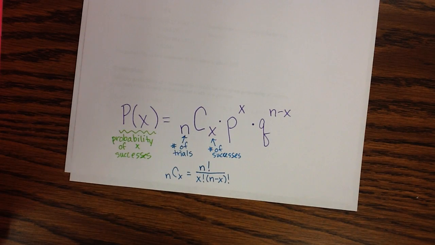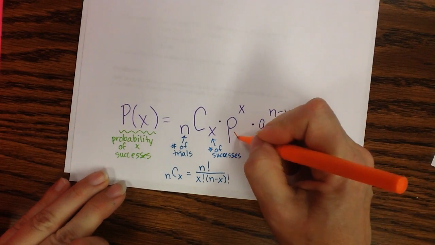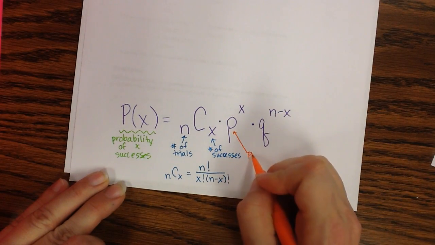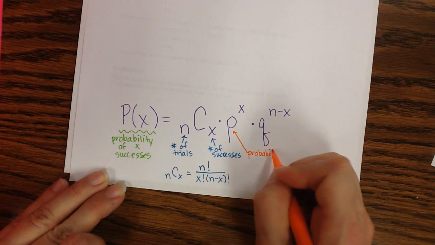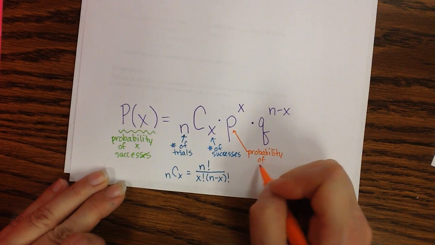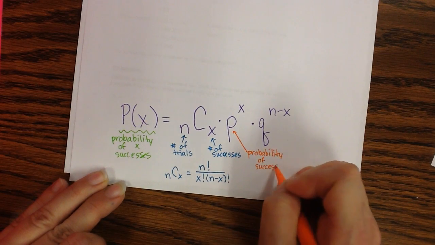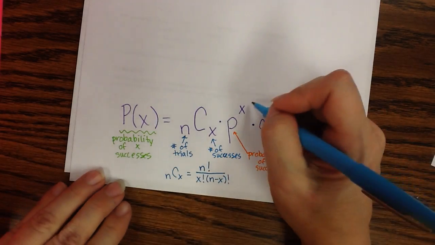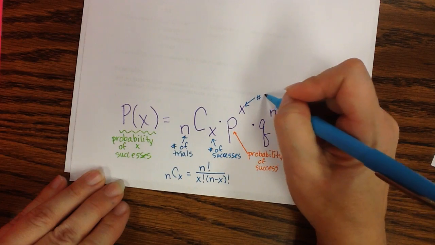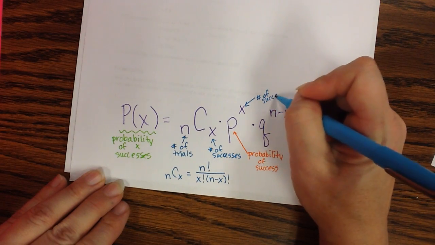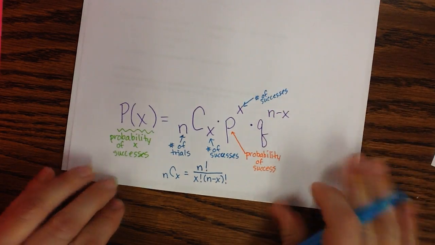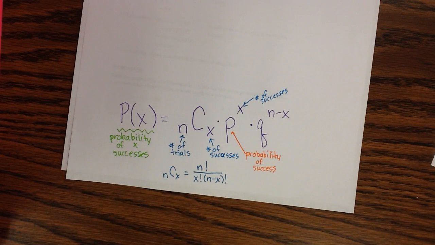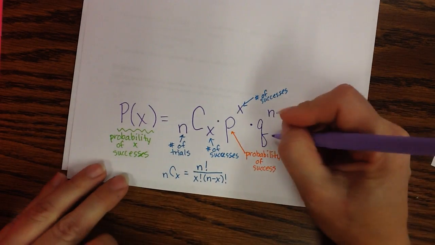P in this formula is the probability of success. And we're raising that to a power. The power we're raising it to is the number of successes. And then Q is the probability of failure.